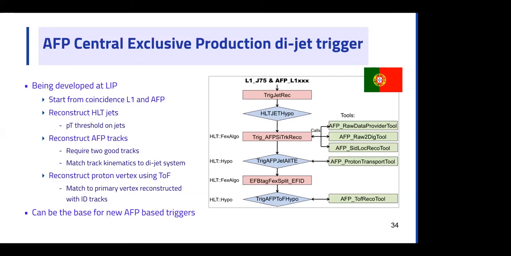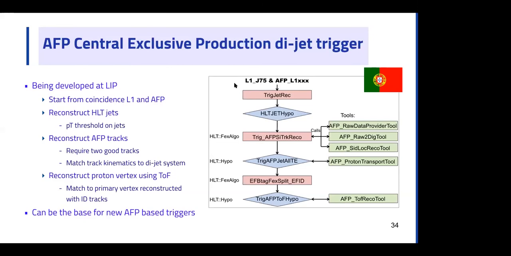And therefore, we need to really look for those that have protons in coincidence. This is another of the Portuguese contributions we are working on, and that will be used for Run 3. And basically, what we need to do at level 1 is require that the protons are identified in the time of flight detectors, and they are in coincidence with jets in level 1.